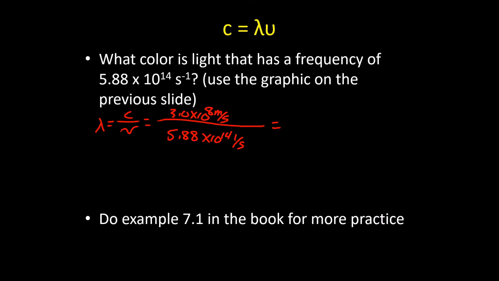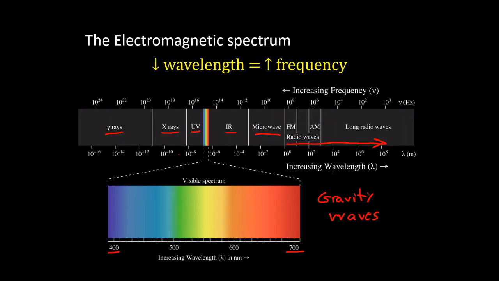And if we plug that into our calculators, that is going to give us 5.1 times 10 to the negative 7 meters, which would be 510 nanometers. And so if we go back and we look, 500 is right here. There are 10 marks here between them. And so this would be 510. So that would be green.